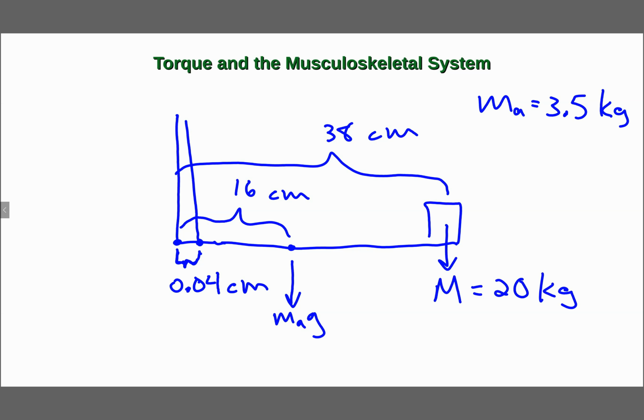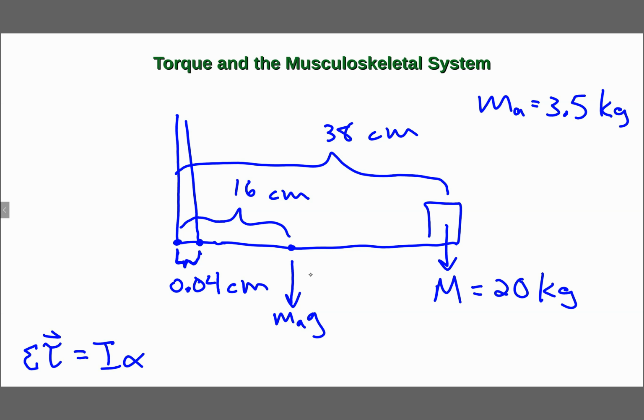So the question is, how hard is the bicep muscle actually pulling? So when we look at this, if we use the kind of angular analog of Newton's second law, that's the torque one, right? The sum of the torques is equal to I alpha. Okay?